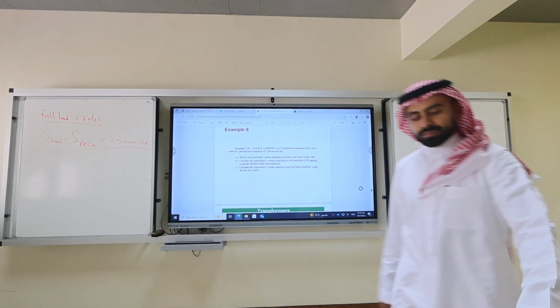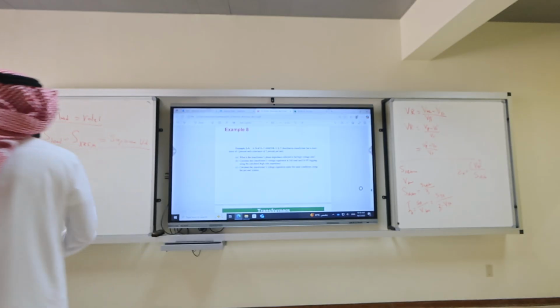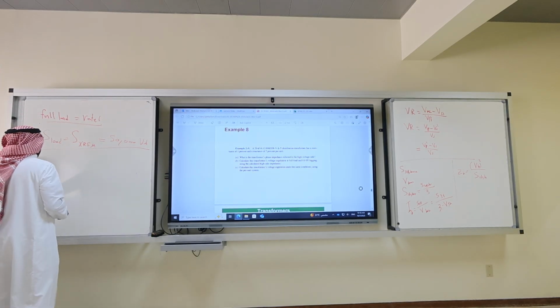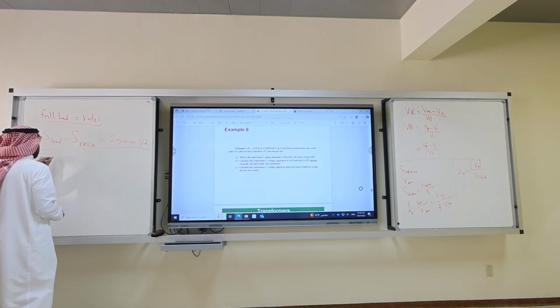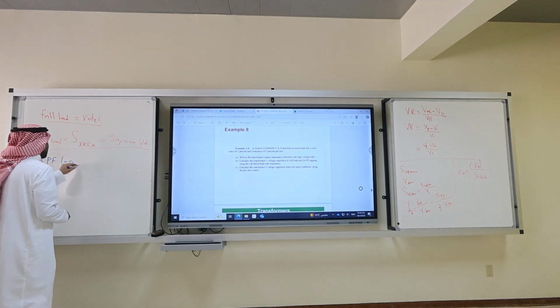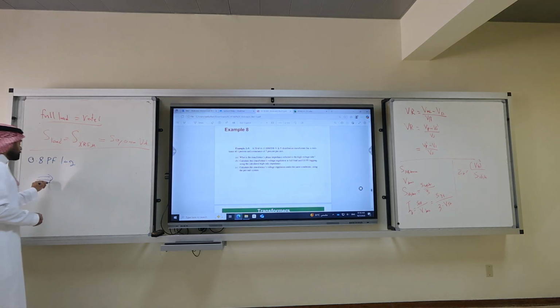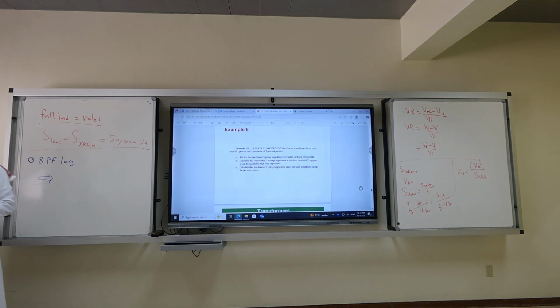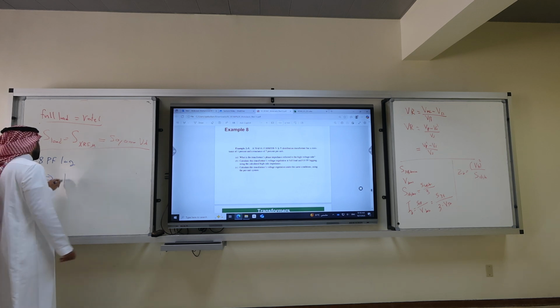Let's continue. 0.8 power factor lagging. We are now experts at 0.8 PF lagging. What does this translate into? Two pieces of information. Information number one is I can calculate the real power for the load.